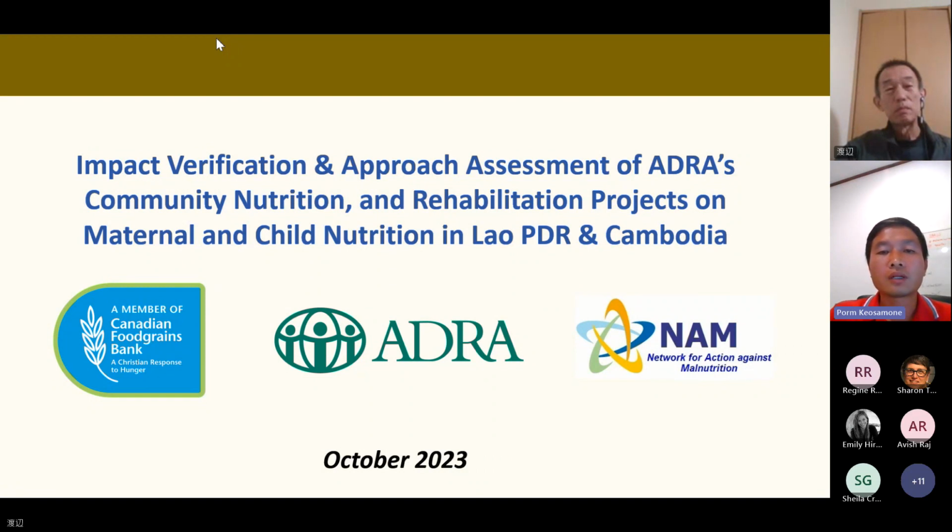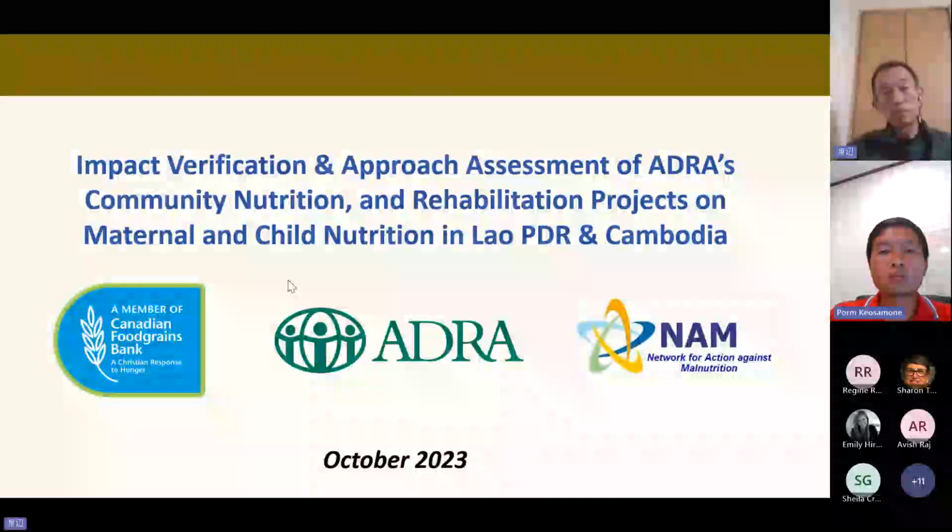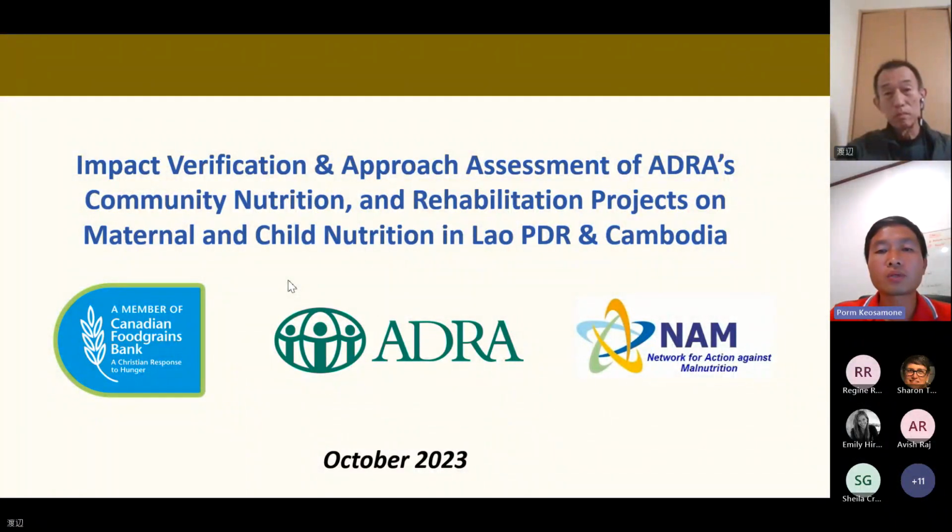approach. In the past decade, we have seen significant success in our interventions. For nutrition-specific interventions, we employ what we call the community nutrition rehabilitation program for children under 5 and also under 2, and of course women of reproductive age, and also vulnerable households.